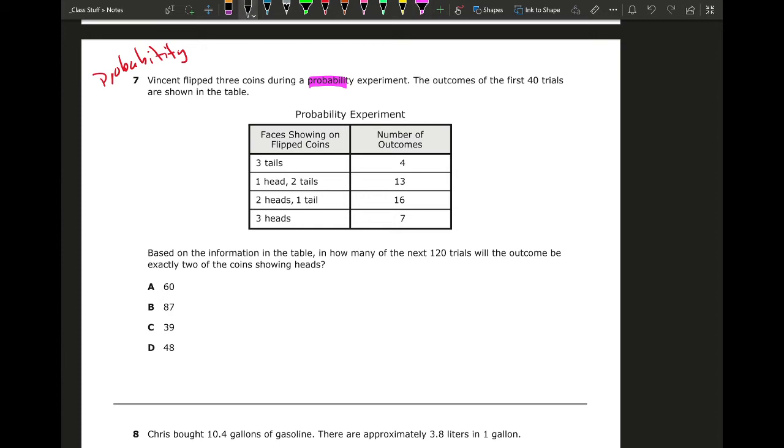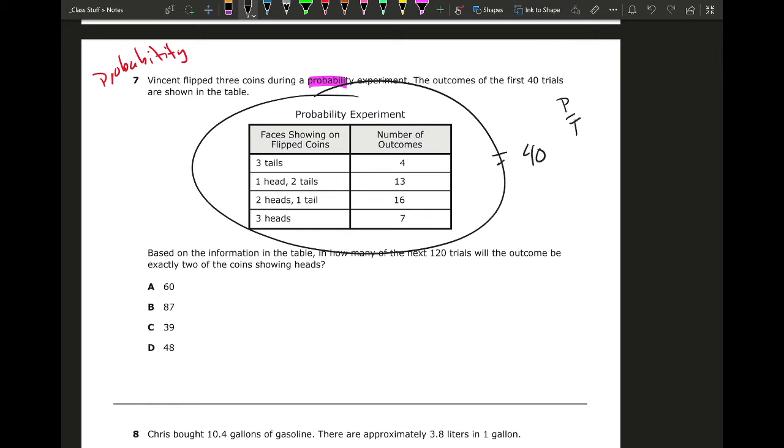So let's look at this. How many times did they do it over here? They did a total of 40. Remember, this is going to be a part of our total question. The part is going to be what they're asking for, which is heads. The total is 40. So we have 2 of them show heads, which is going to be this one right here. How many times? 16. 16 out of 40.